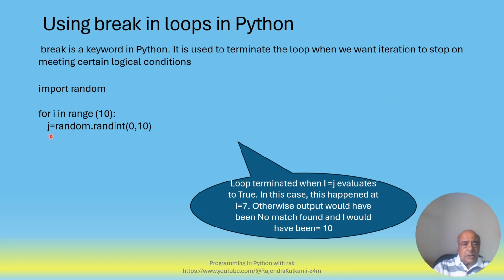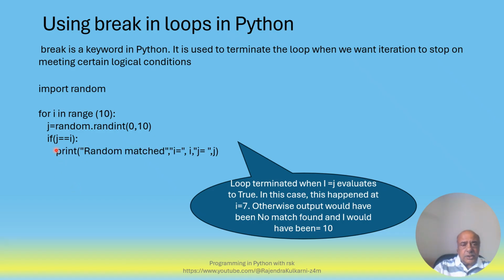Now here j is an int variable which is assigned randomly generated values between 0 and 10 by this method, random.randint. If j is equal to i, print random matched.